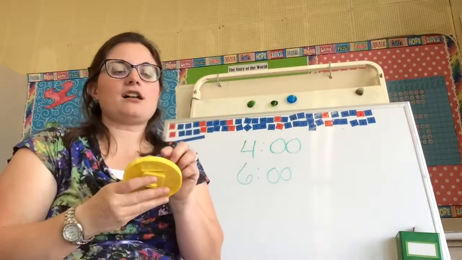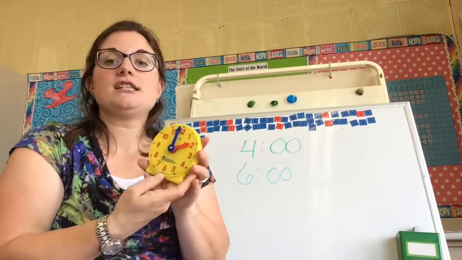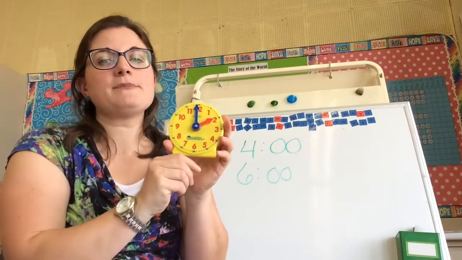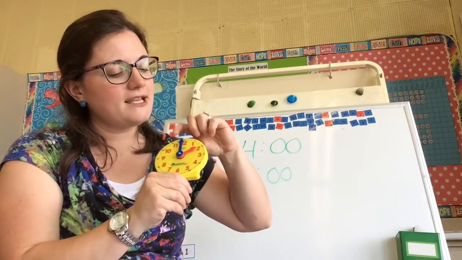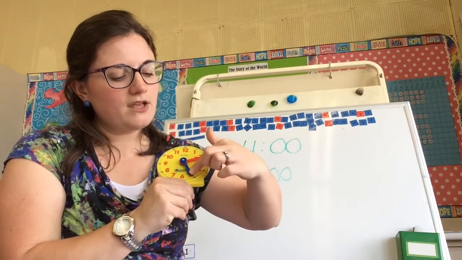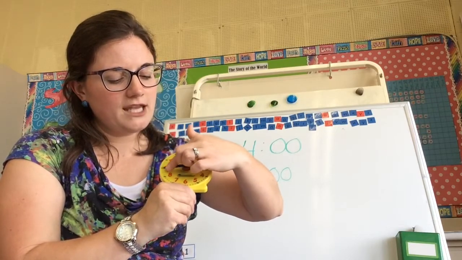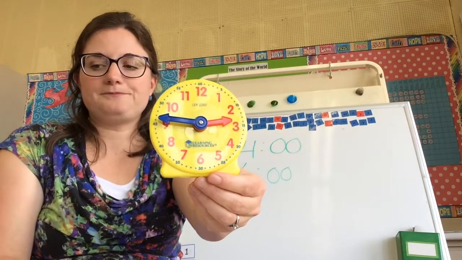And we're going to do one more. We're going to set our clocks to 2:45. So if you set it at 2 o'clock, okay, press pause if you need to. Set it at 2 o'clock. And then 2:45, we'll count by 5s. 5, 10, 15, 20, 25, 30, 35, 40, 45. There is 2:45.